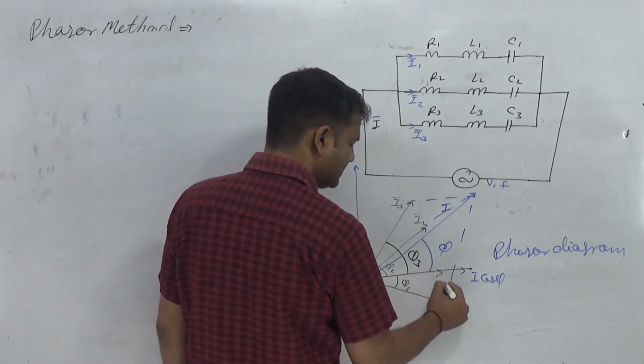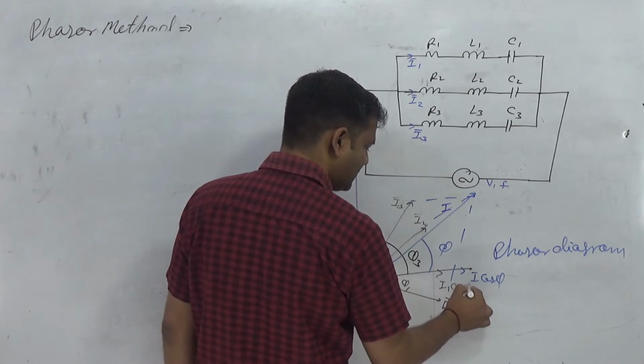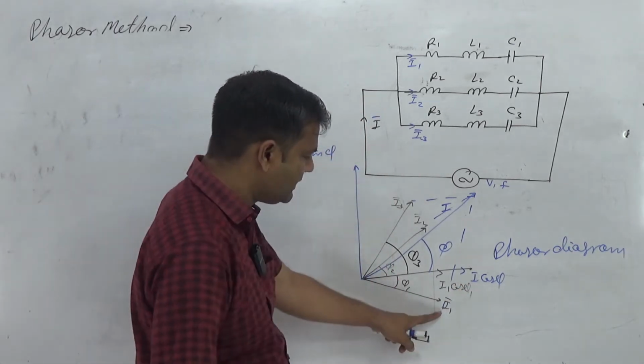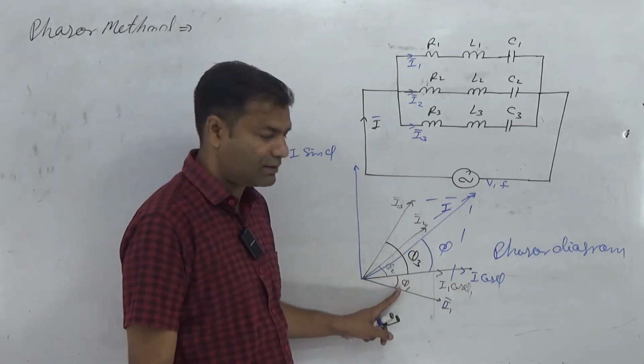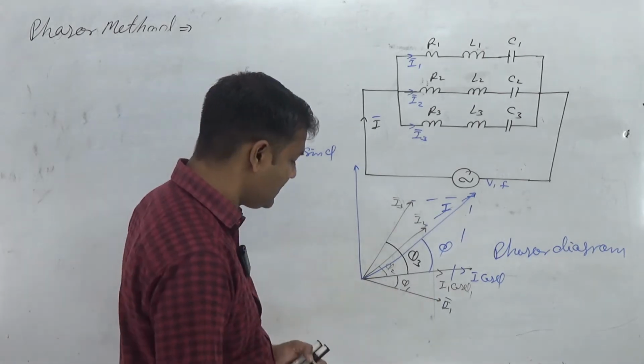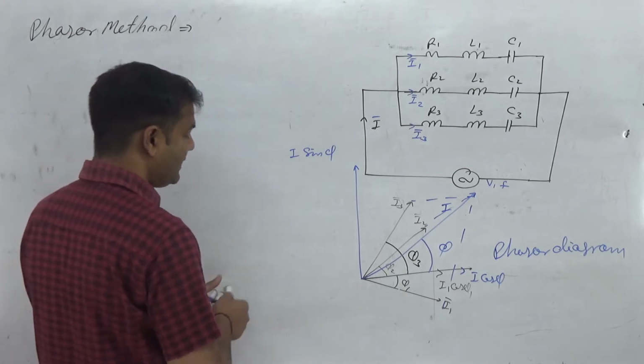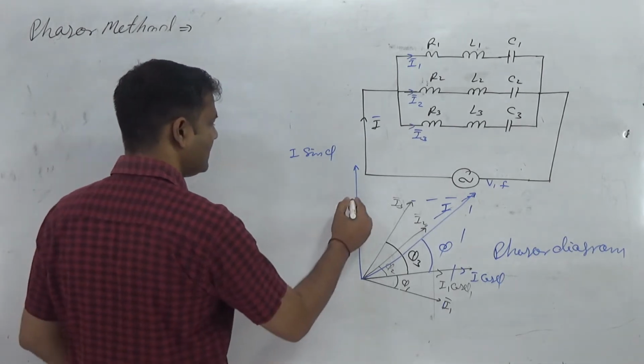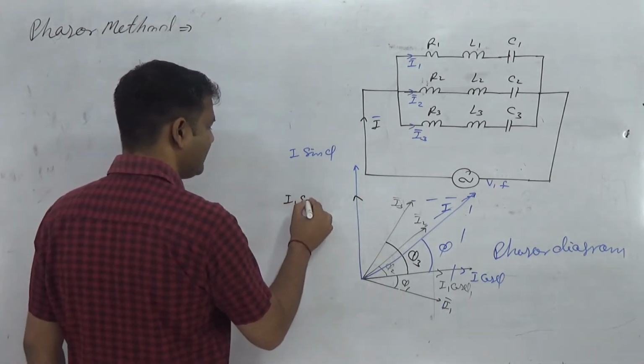Suppose this is I1 cos phi, since I have only I and angle phi, that's why I cos phi, and in the y direction I sin phi, that is I1 sin phi.